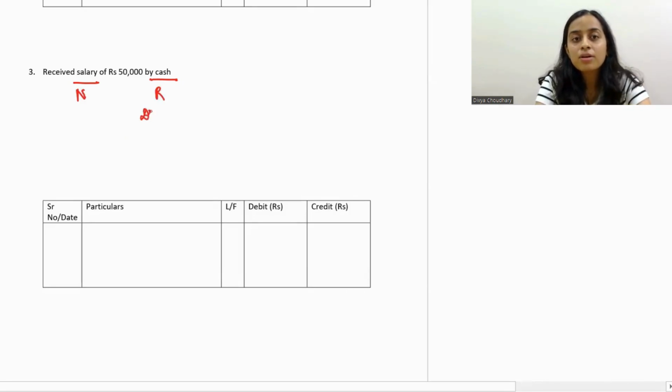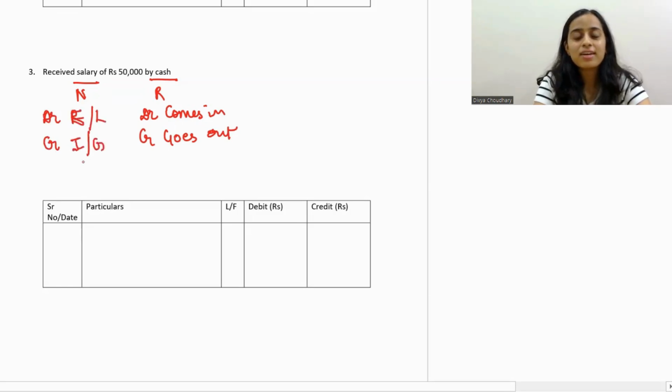Real account rule, debit what comes in, credit what goes out. Nominal account rule, debit the receiver, debit all expenses, losses, credit all income gain. I am receiving salary, therefore it's my income.